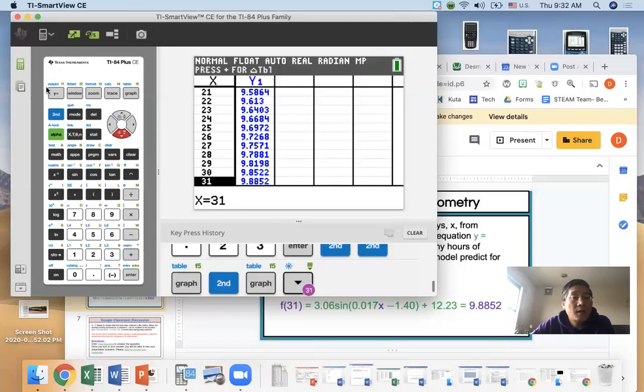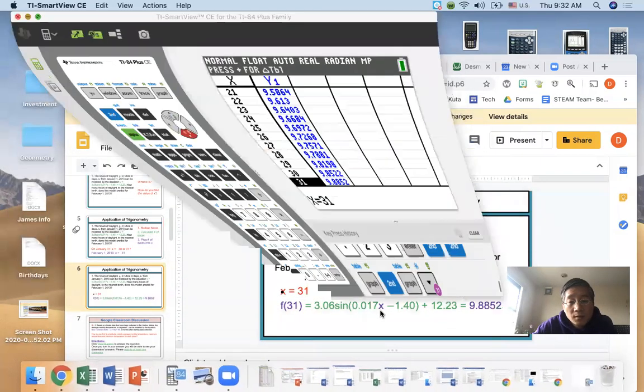So you can use this one. Or not in the graph mode, you can just use the calculation mode and get the answer, but it'll show you only this one, right? In that case. All right. So everybody understand how to use the calculator? So 31.